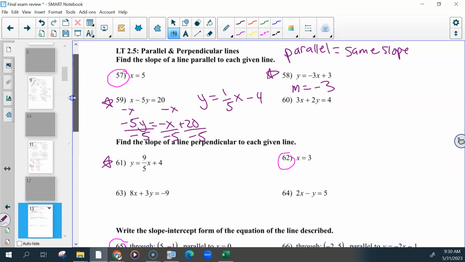And if the slope is parallel, what would that slope be?